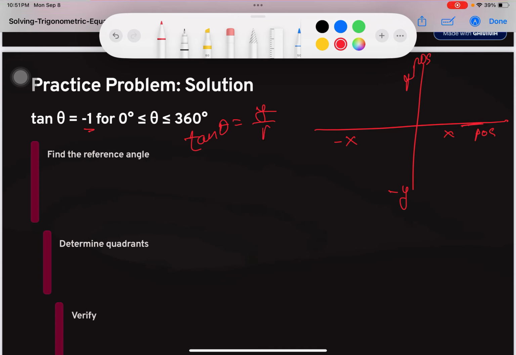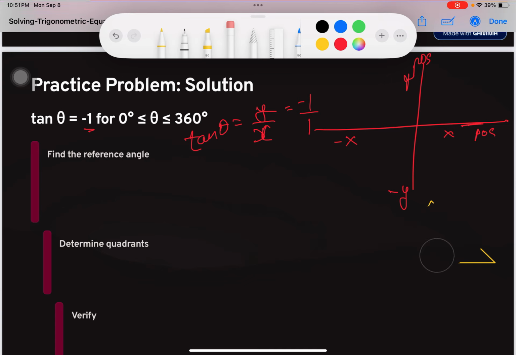So you have the value of x and the y. You'll be thinking, okay, then it's a special triangle. Yes, it is a special triangle.